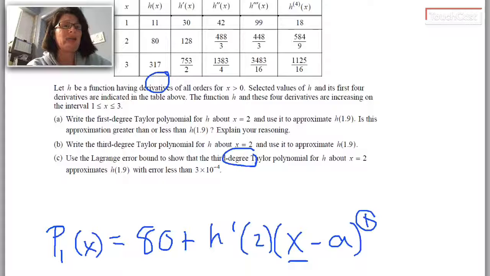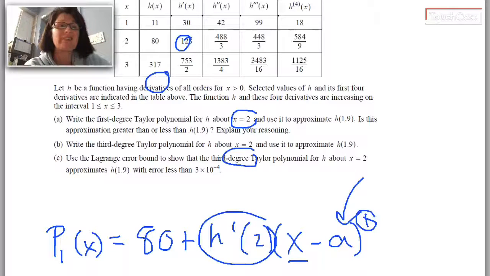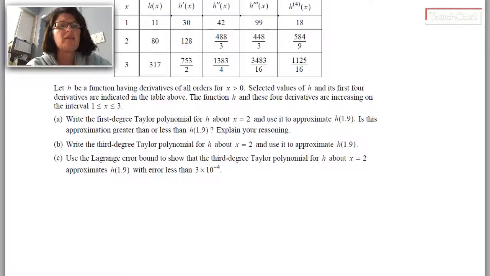So I can rewrite that. I know in this case, about x equals 2 means that a equals 2, and I know h prime of 2 is 128. So I'm going to write my tangent line approximation using Taylor polynomial notation.